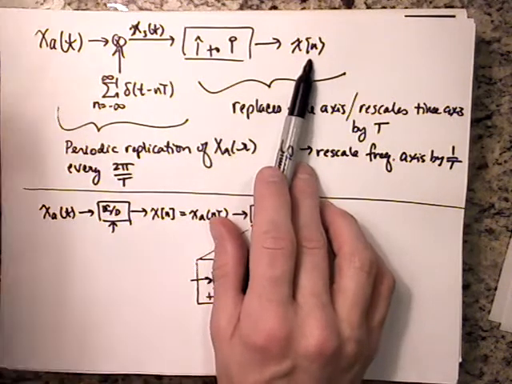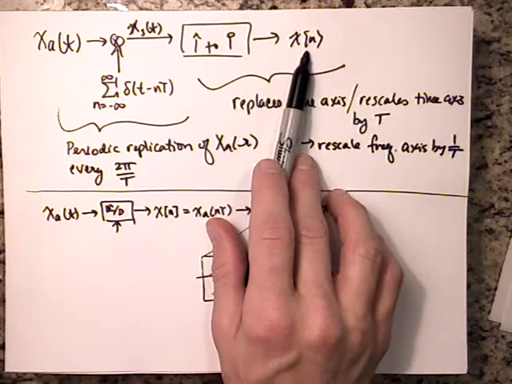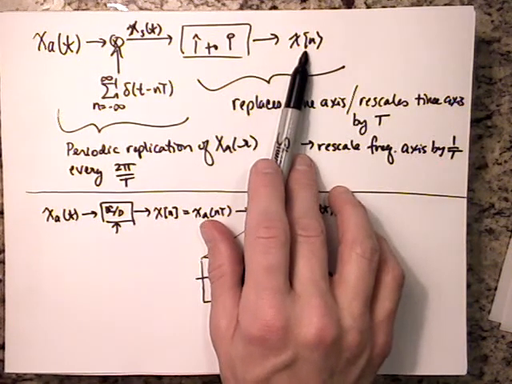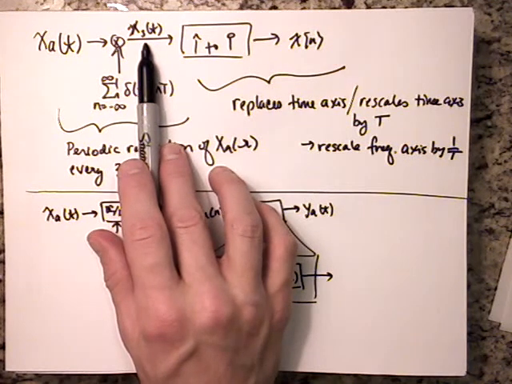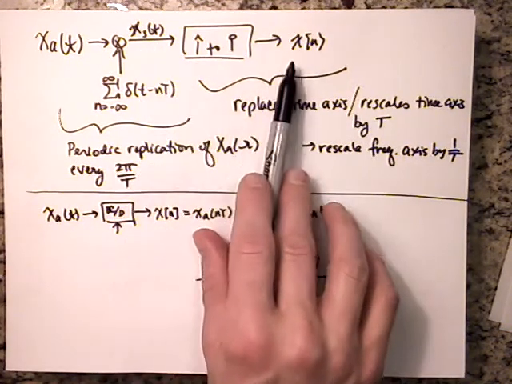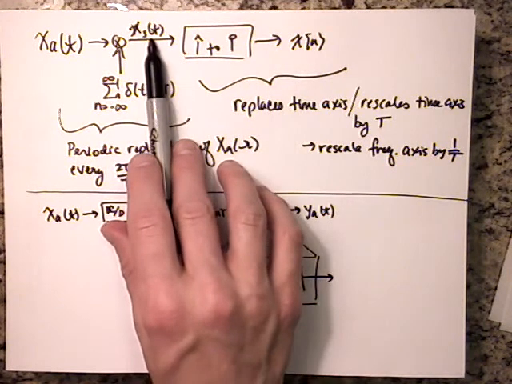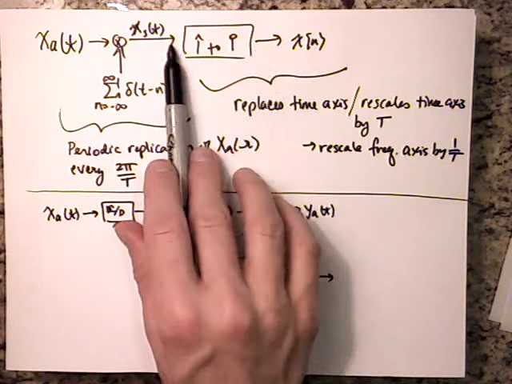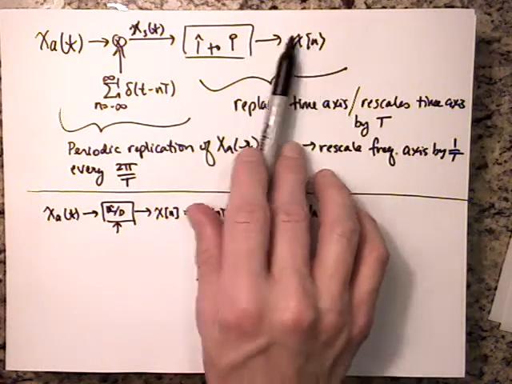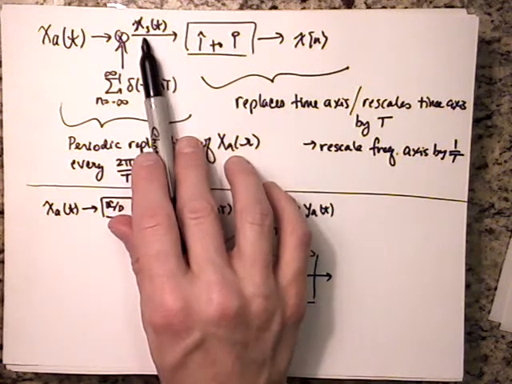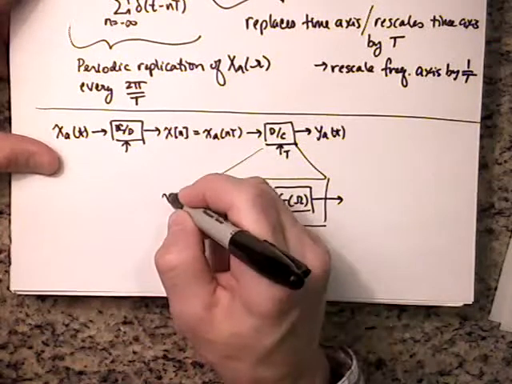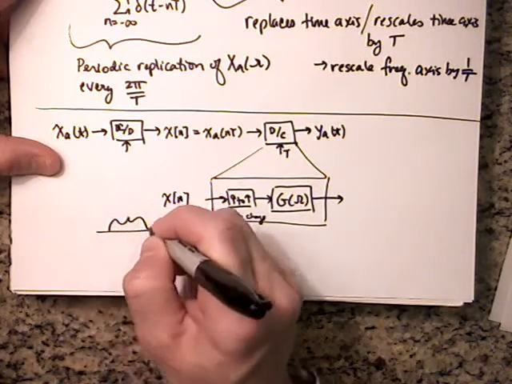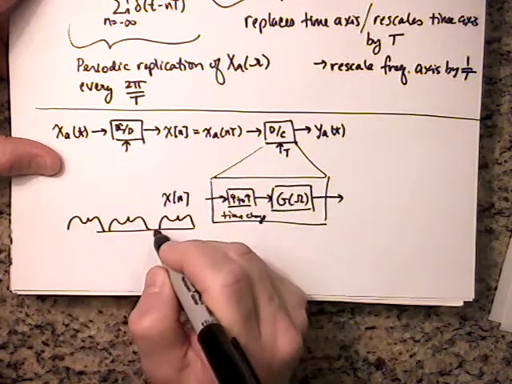So I'm going back from this spectrum that's discrete time Fourier transform, which is periodic with period 2 pi in little omega, to this signal, which has a Fourier transform in capital Omega that's periodic with period 2 pi over capital T. So I'm rescaling the time axis back by capital T, which rescales the frequency axis back by capital T. This operation basically just takes me from being periodic with period 2 pi to having exactly the same spectrum, but now being periodic with period 2 pi over capital T. So if I have x of n and it's got a discrete time Fourier transform, a slightly different picture this time.